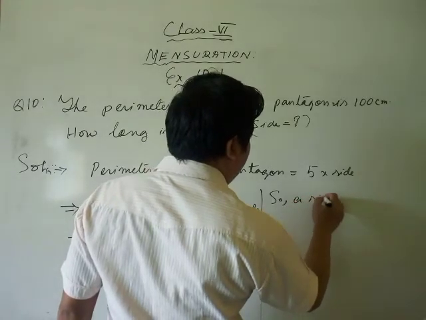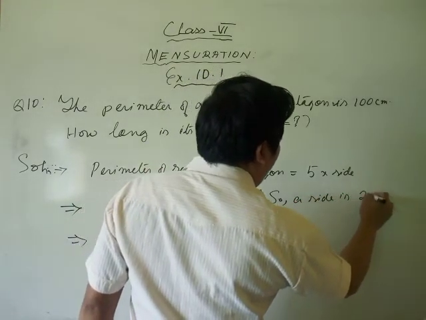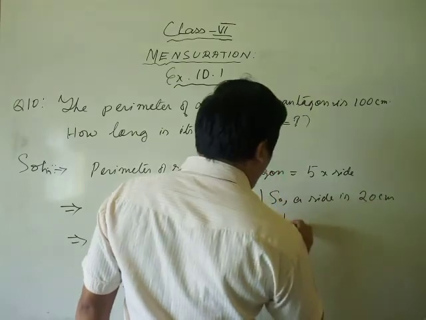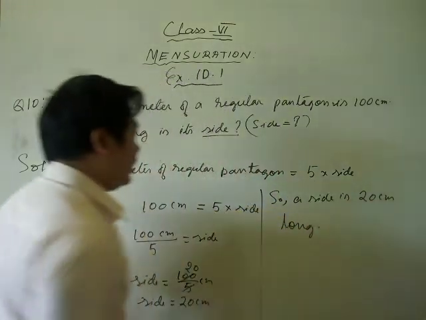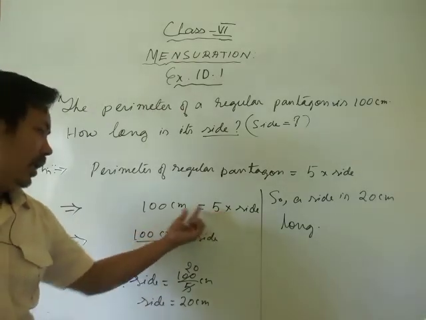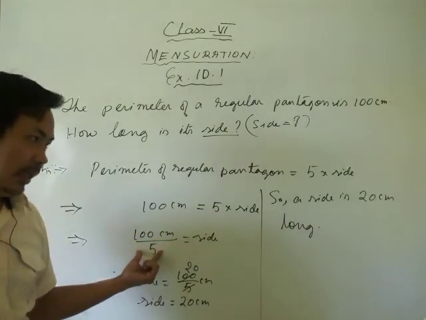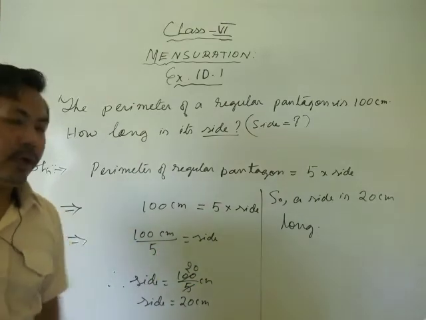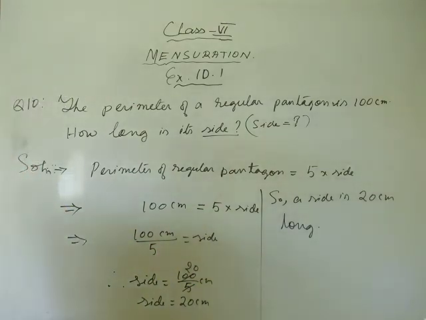A side is 20 centimeter long. Like this you can do it: this 5 will come here and it will divide there. Same way you do question number 9 also. Okay, let's go to the next question.